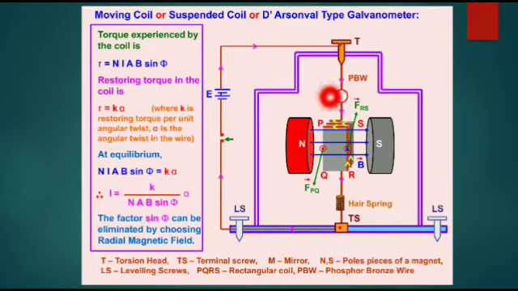M is the mirror attached to the coil. The other end of the mirror is connected to the torsion head. Then the strip W and the spring are connected to the terminals.